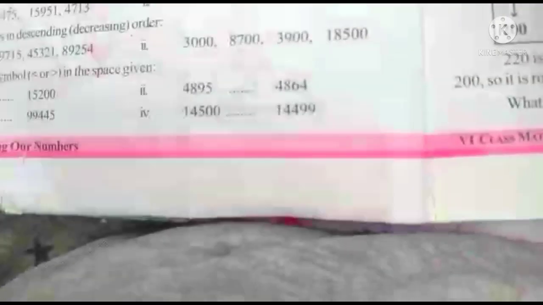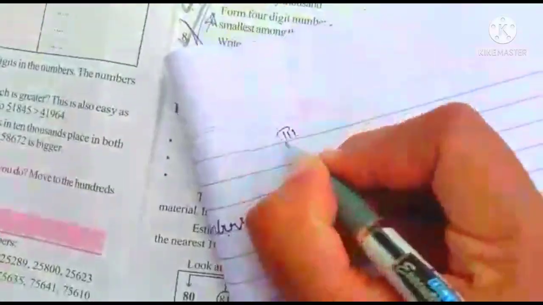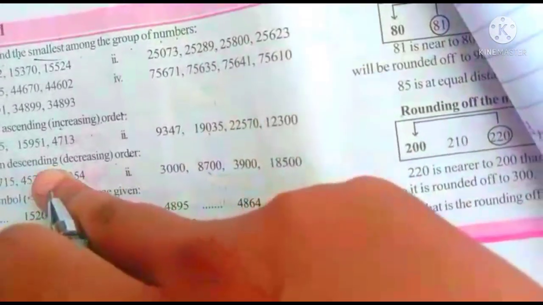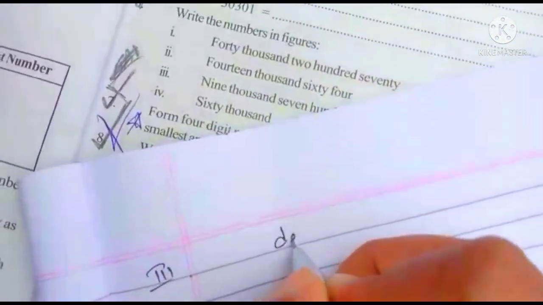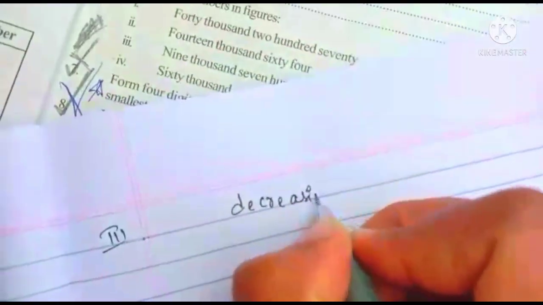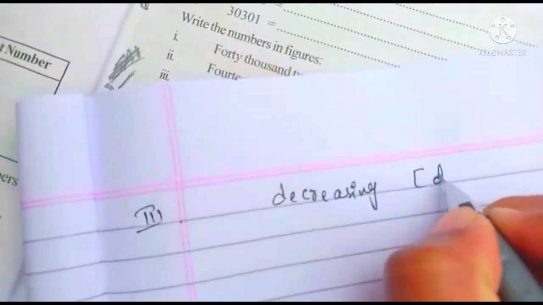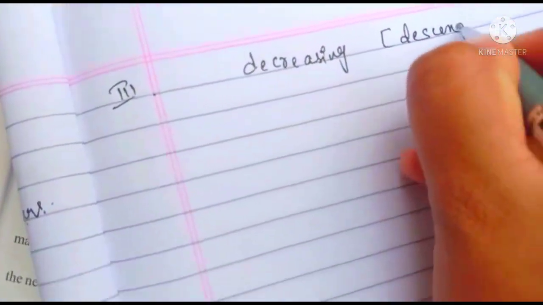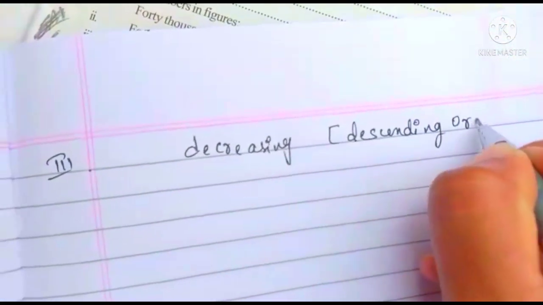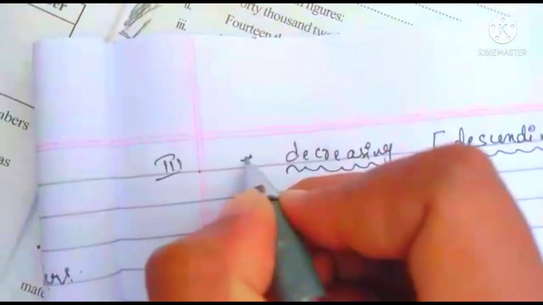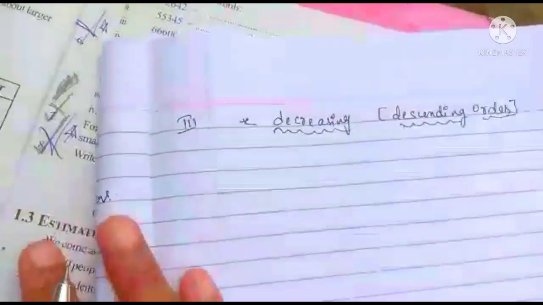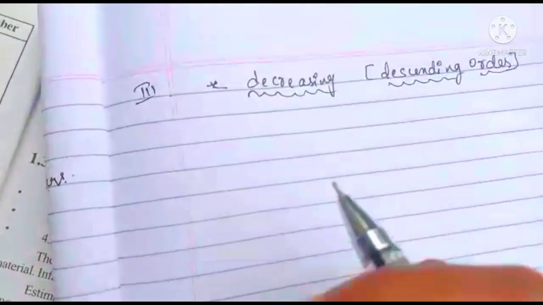Next we can go through the third bit. Write the numbers in decreasing order. Decreasing means the number is decreasing. Decreasing order, and another name is descending order. Totally opposite: this is the opposite of ascending order.